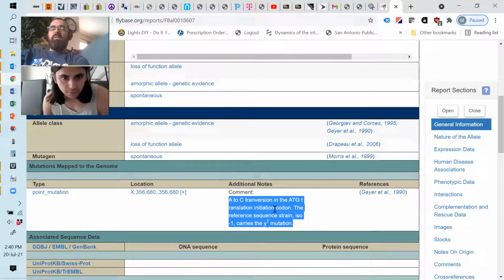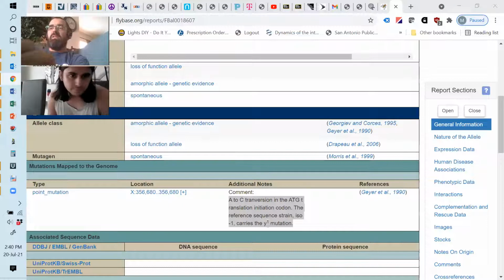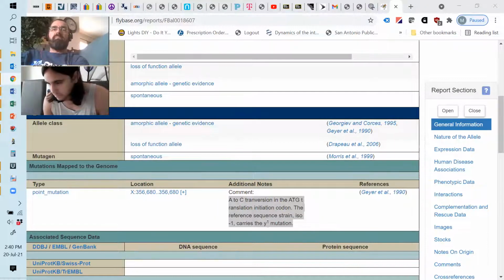So if we change from, hang on, give you a question here. What's ATG mean in translation? Isn't it the adenine thymine guanine codon that's attached to the tRNA? So it's not the anticodon.